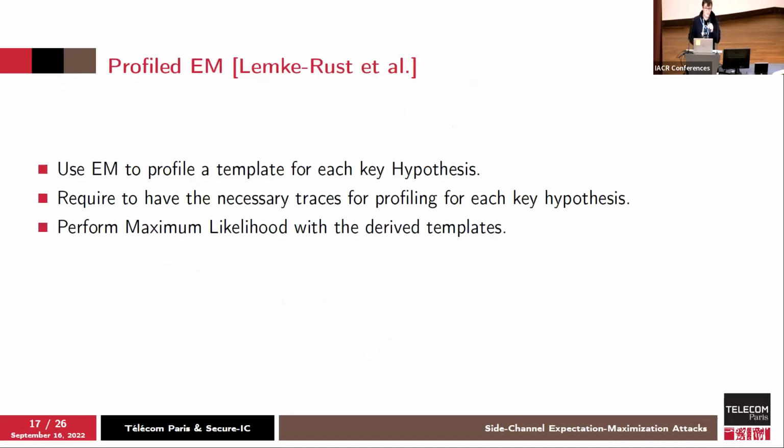Now I come back to the PEM that I told you about in the introduction. Now that you know what EM is, the idea is to use the EM to profile a template for each key hypothesis. So the difference with our attack is that you need a prior data set to do a template attack. And this is useful when you have a data set, but you don't know the mask.